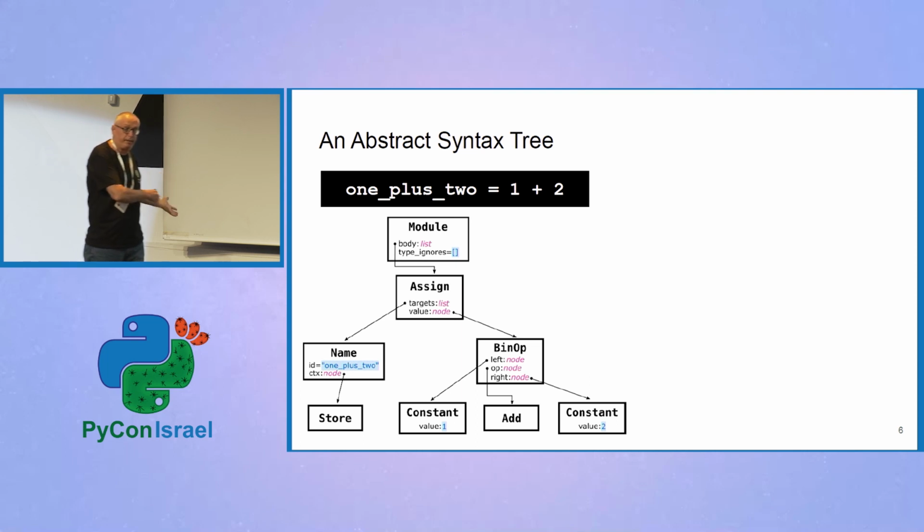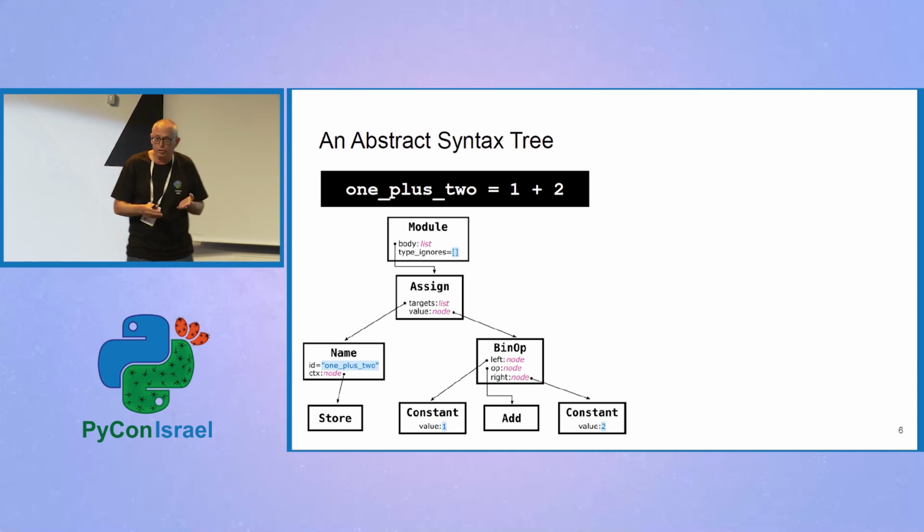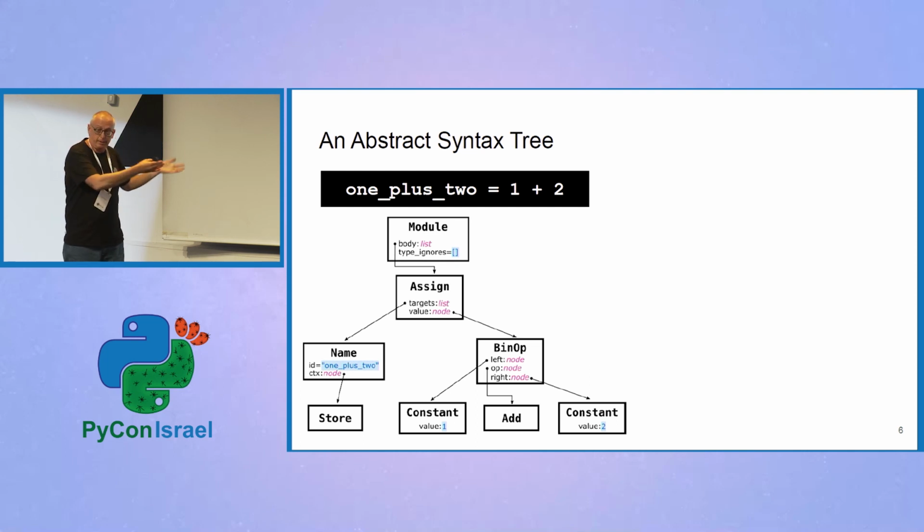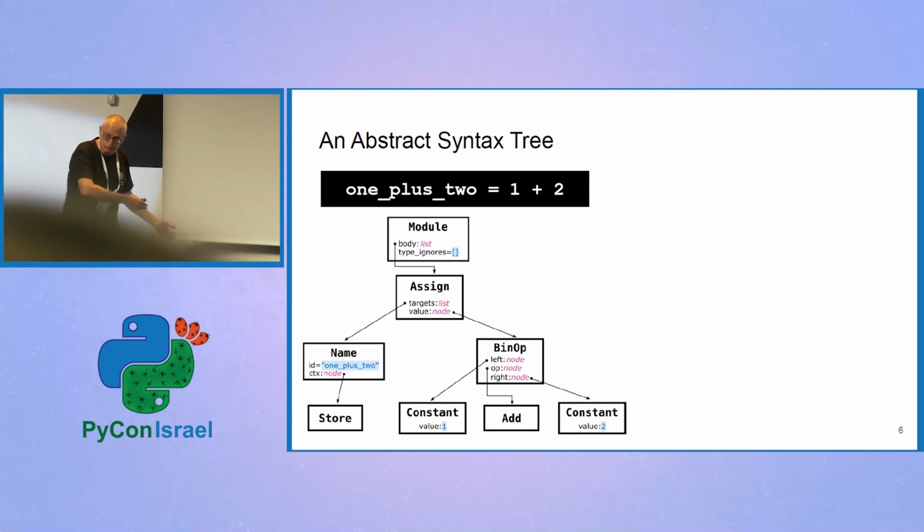On the left side of the abstract syntax tree, you see the name node, which is 1 plus 2, and the store operation, which says that this is a variable, and we are going to store into this variable.